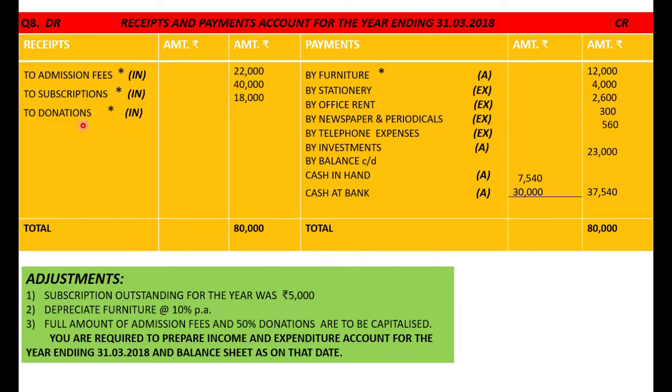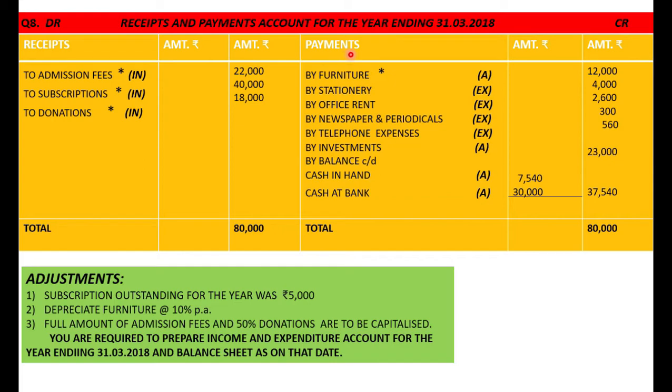To donations are revenue receipts and they are recorded on the income side of income and expenditure account, that is the credit side. Students, here for income I have denoted it with the initial IN.